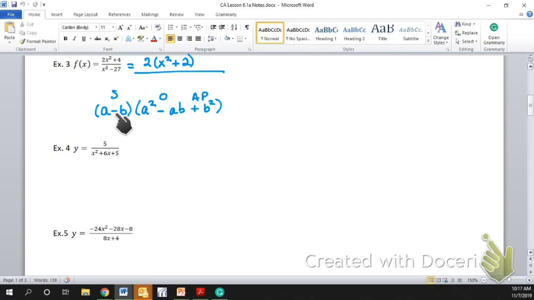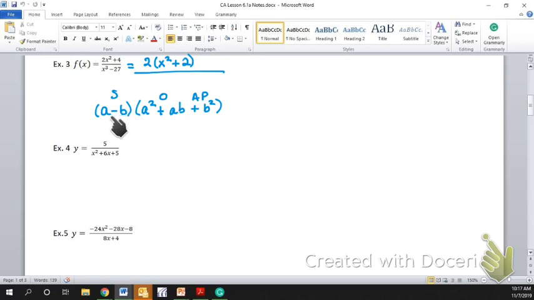Wait, wouldn't that be a squared plus ab then? Yep, you're right, that should be the opposite. Thank you. So this sign is the same as this one, this one's the opposite of that one, and this one's always positive.